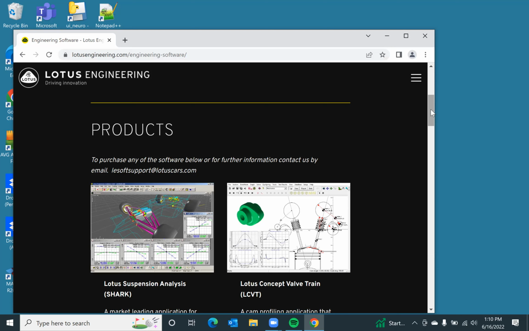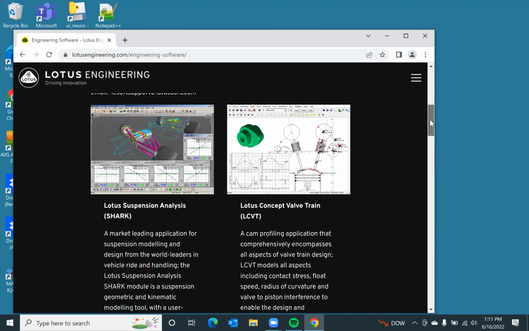If you use this software, you can actually predict the valve timing diagrams. You can create the valve shapes, and then the cam shapes. Basically, all these design softwares are super useful when you try to design an engine.